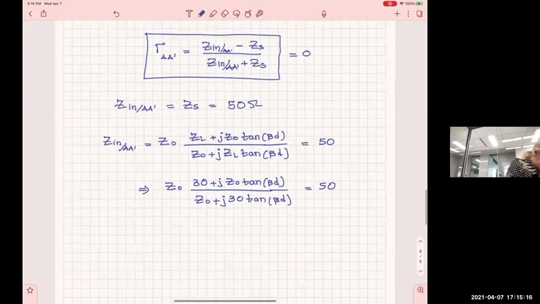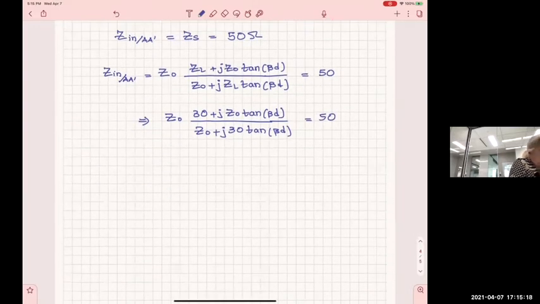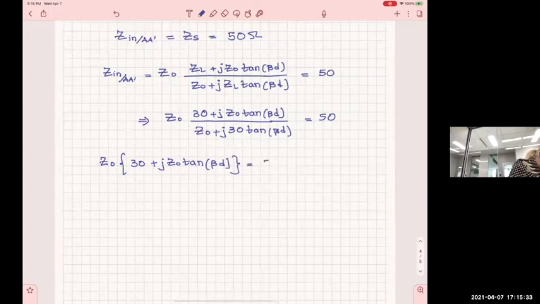Now I multiply both sides by the denominator. So I have Z naught times 30 plus j Z naught tangent of beta D has to become equal to 50 times Z naught plus j 30 tangent beta D.